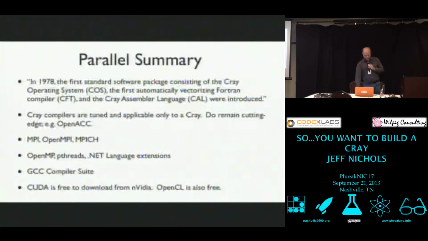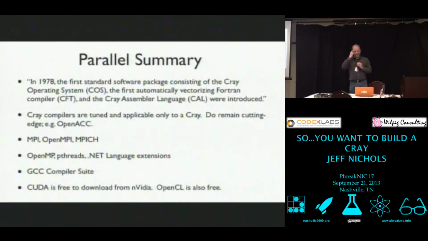So for summarizing the parallel, I like in 77 is when Cray delivered the Cray 1A. In 78, the Cray operating system used to be programmed by Cray.